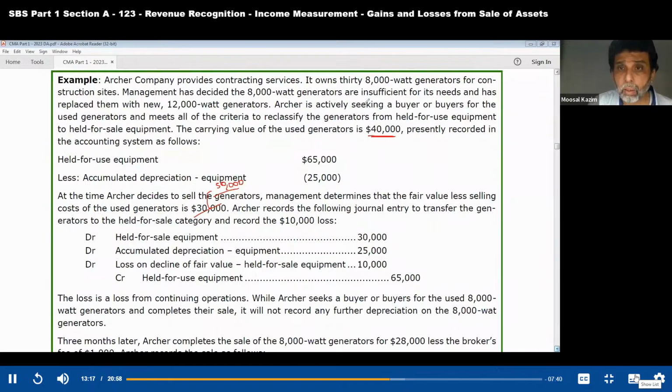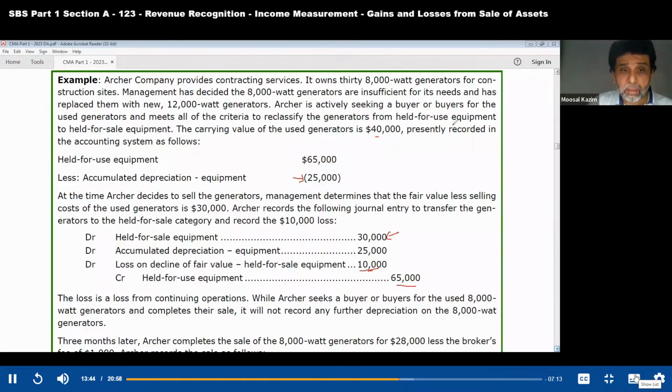So the lower of the carrying amount and the fair value less cost to sell is what you're going to recognize. The entry, as I showed you before, would be debiting the held for sale equipment, debiting accumulated depreciation. You're removing it out basically. And there's a decline in fair value from 40 to 30,000 that is recognized, and you credit held for use equipment.